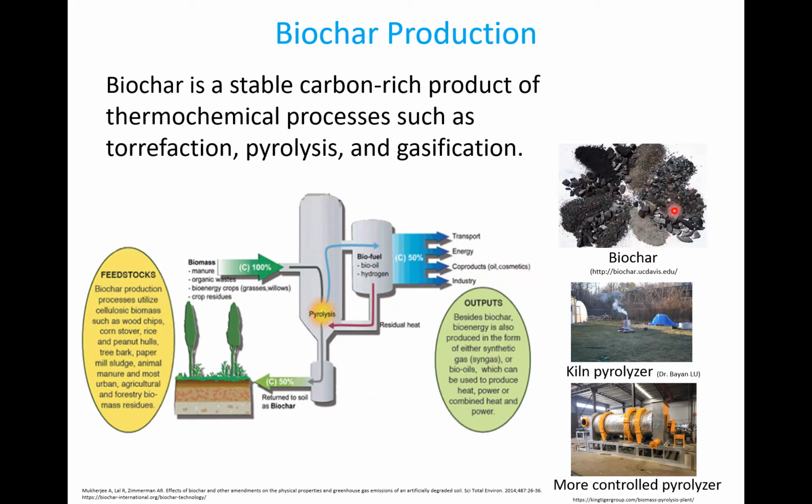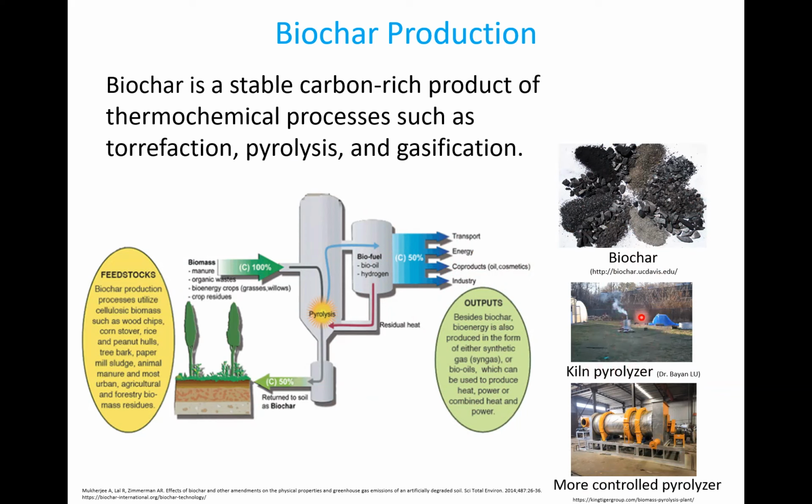This is the topic of today. There are some systems that can be complicated, like these here, which are more controlled pyrolysis processes, or a very rudimentary, very simple system like kiln pyrolyzers, like this one here.